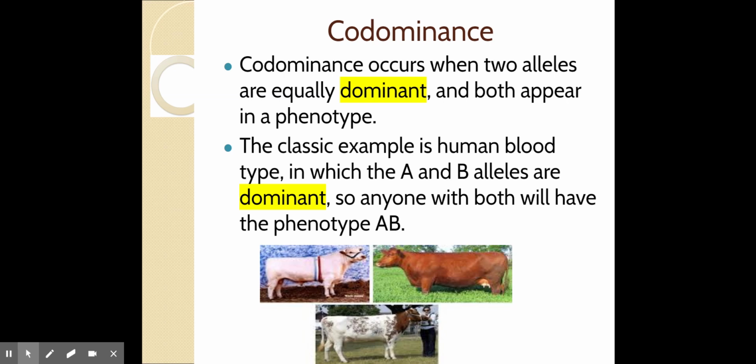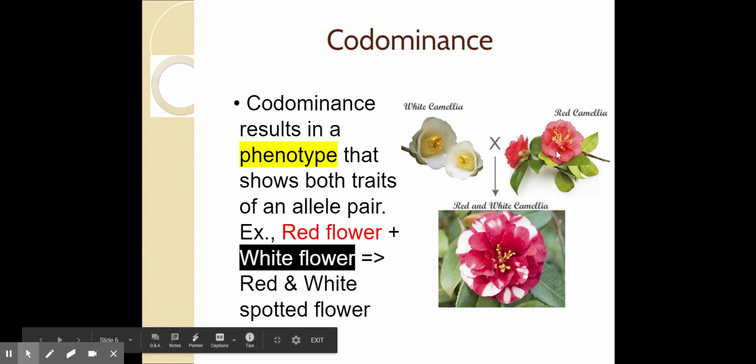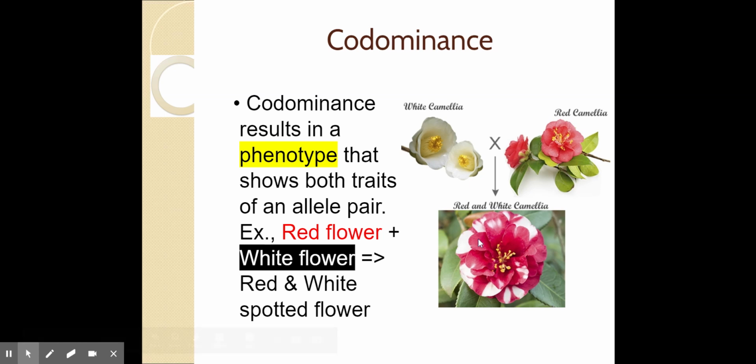And when you get a copy of A and a copy of B from the two parents, you wind up with AB blood type. Instead of having A or B, you actually have AB because neither one is more dominant to dominate the other one. This can happen in flowers. And again, you get a phenotype that shows both traits. We have a white flower and a red flower, and the offspring are going to be red and white.